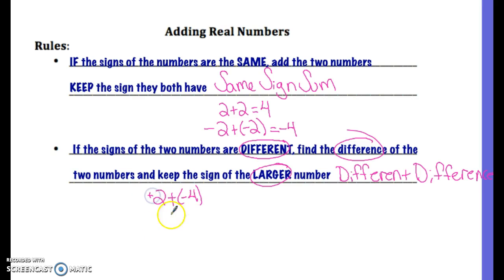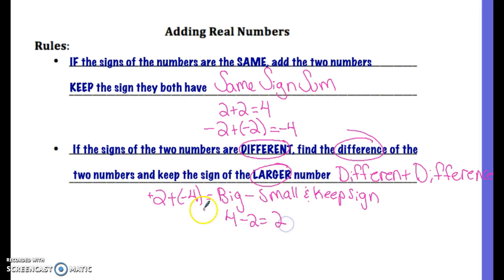This is a +2, that's a -4. I always do my big minus my small and keep the sign. So I could change it to 4 minus 2 is 2, but the sign of the larger number is 4, so it's going to be -2.